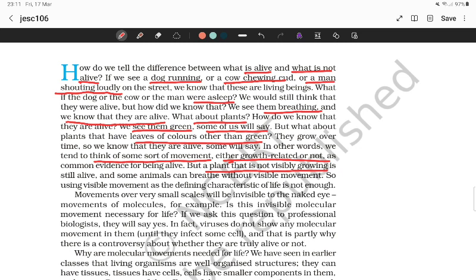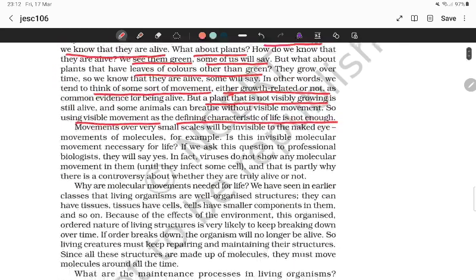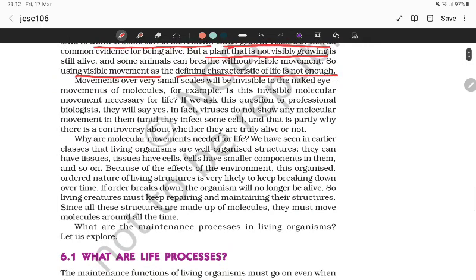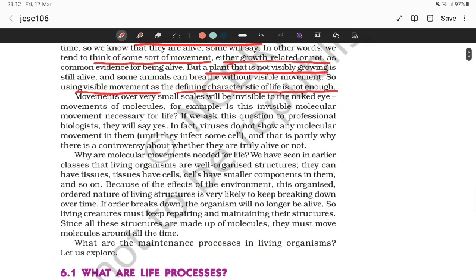So breathing and movement, though they are attributes for telling that some objects are living, at some point we may say that they are not completely defining a living being. Using visible movement as a defining characteristic of life is not enough, because movements at very small scales are invisible to the naked eye.